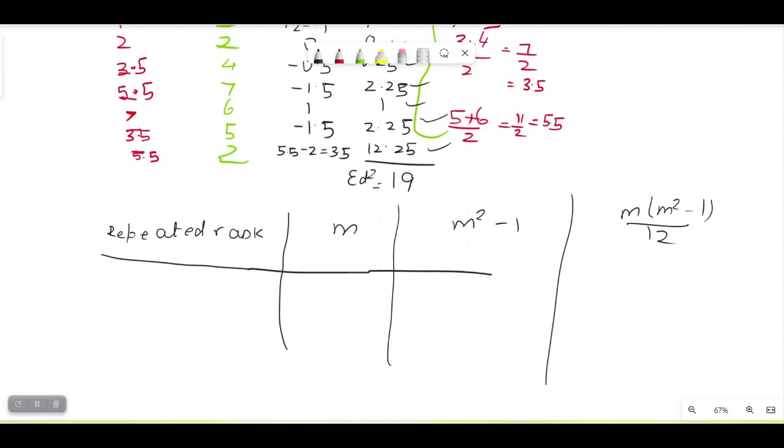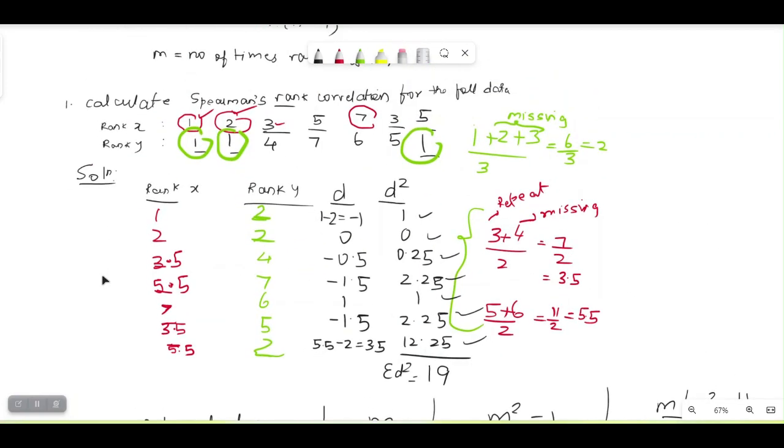Now, your repeated x column will contain the ranks which are repeated. Now, if you observe in your series x, which is given here, the rank 3 is repeated twice. And in series x, rank 5 is also repeated twice.